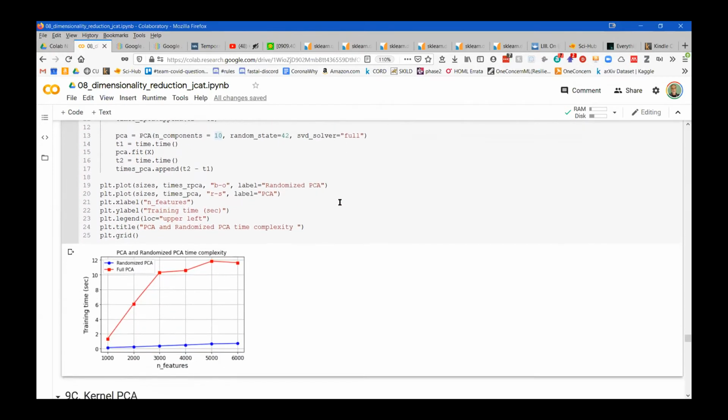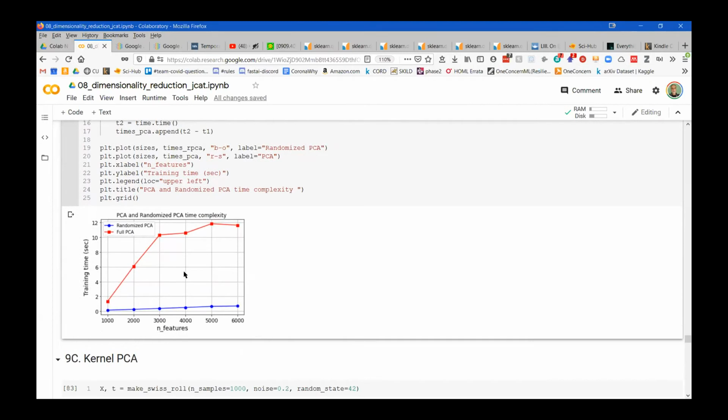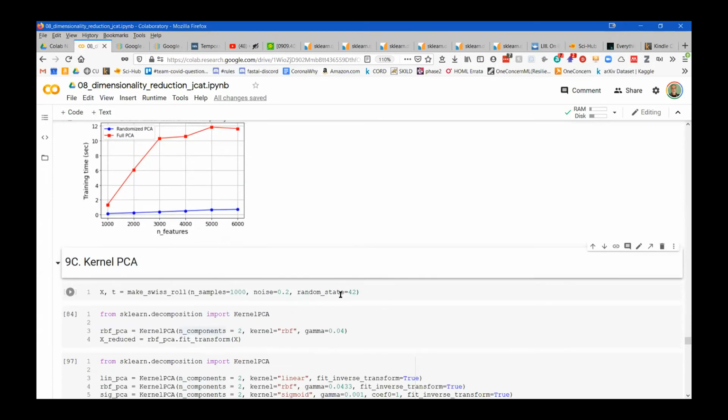Again, we find a very significant advantage for randomized PCA in the training time. So I think this is the point he meant to make with these plots, but maybe he just didn't have time to fix it. Any questions on that?